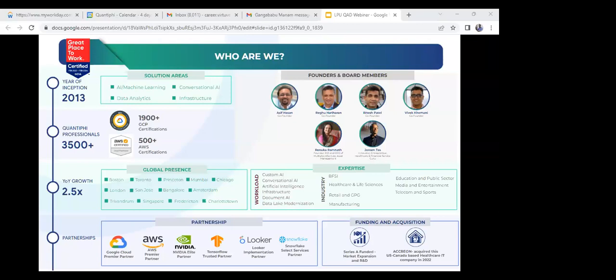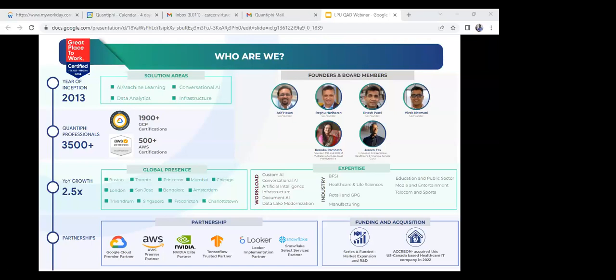So we offer free certifications, and employees need not pay for it at all. 3,500 is our head count, out of which 1,900 plus are GCP certifications and 500 plus are AWS certifications, right? I, being in the HR team, am also allowed to do a GCP certification. So that is the level of exposure and commitment that you can expect from any employee working at Quantify.